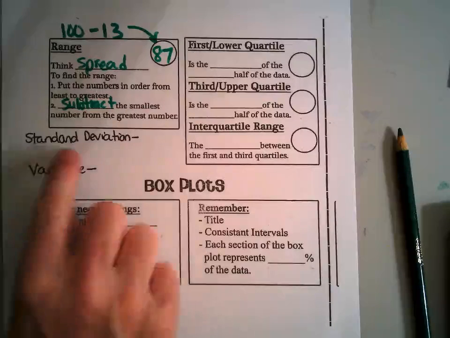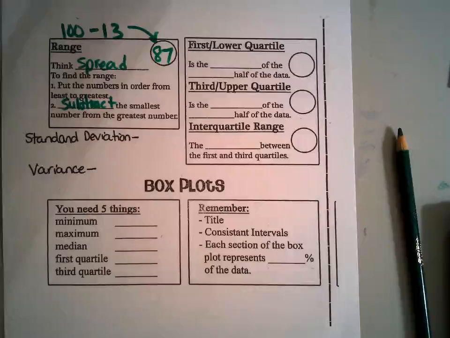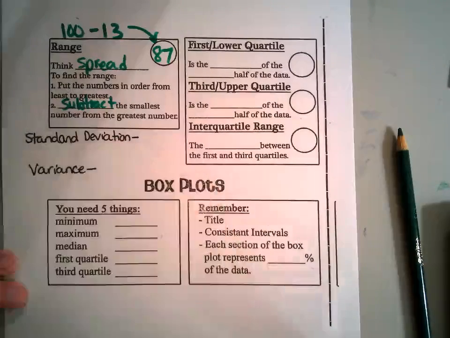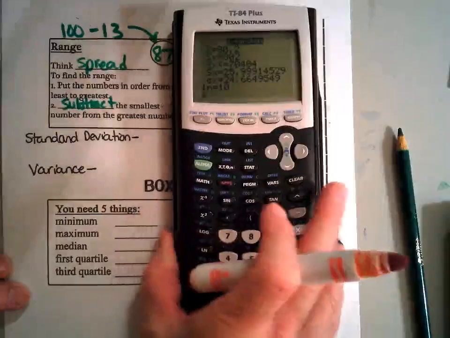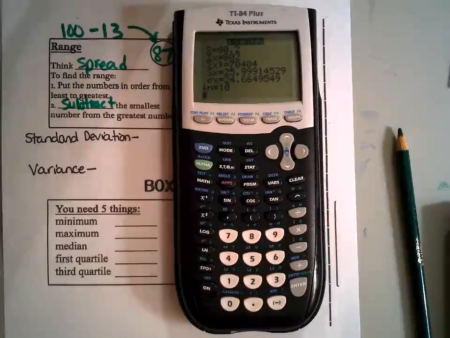All right, standard deviation. Standard deviation is the average distance that each data point is away from the mean. I know that's a lot to think about.